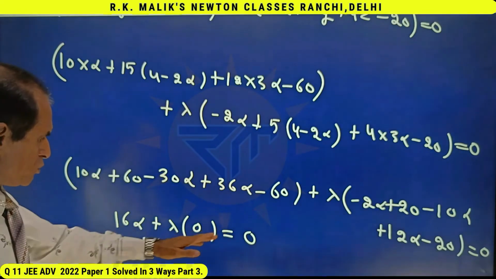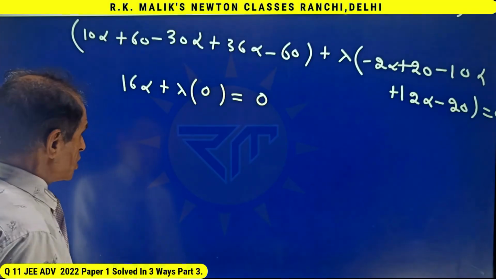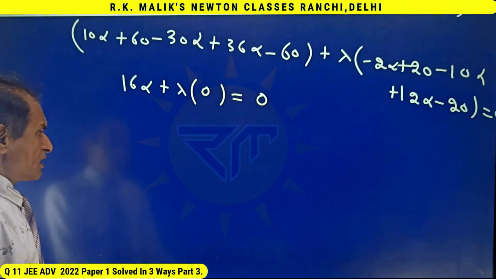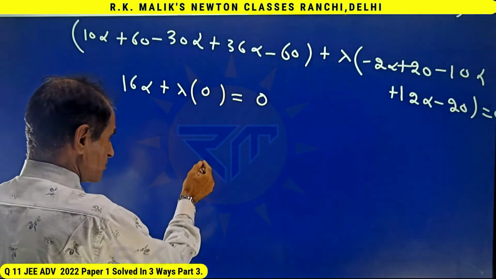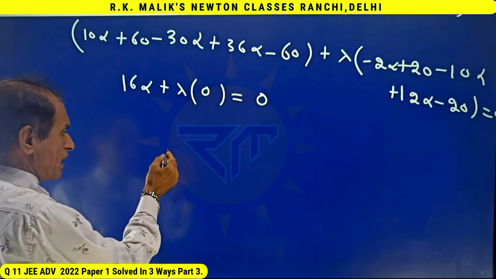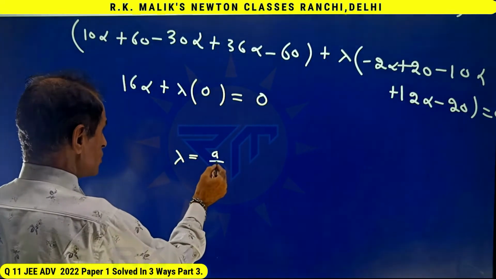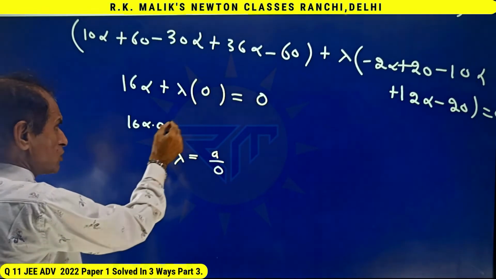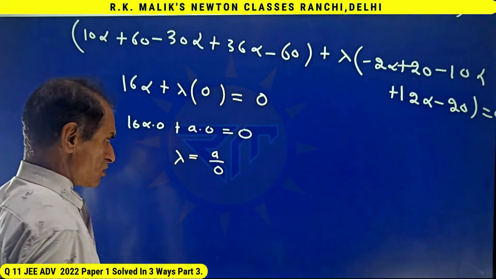And because I want this to be true for every value of alpha, now it will be true for every value of alpha if lambda is of the form some constant upon 0. If lambda is of the form say a upon 0, then you get 16 into alpha into 0 plus a into 0 equal to 0.